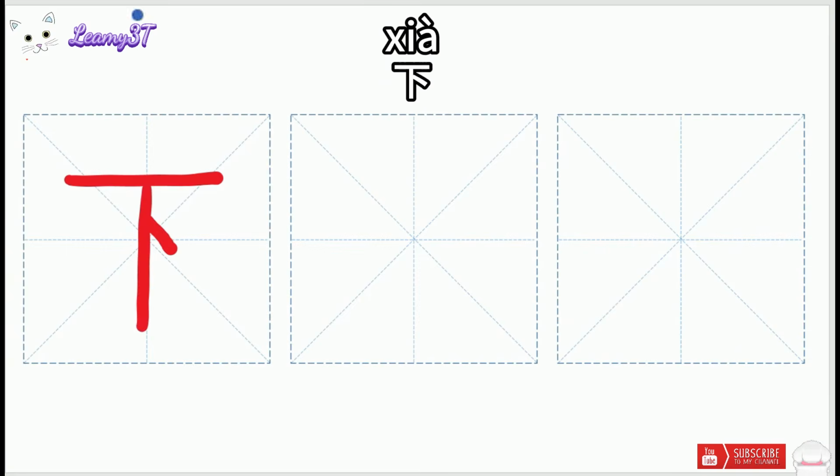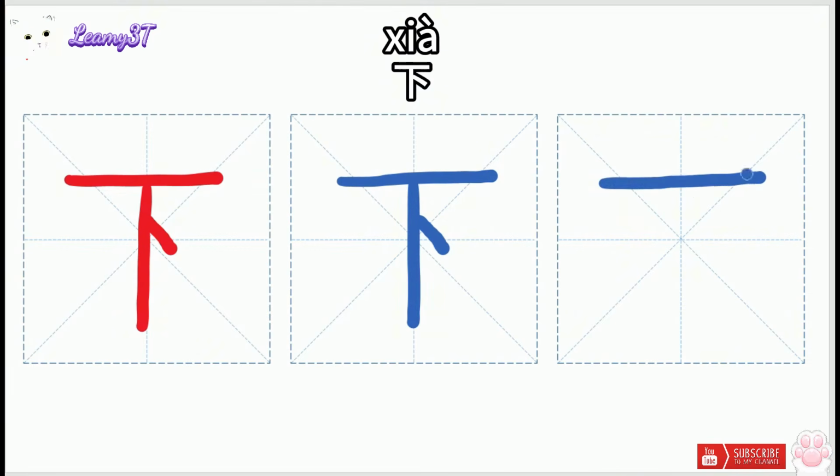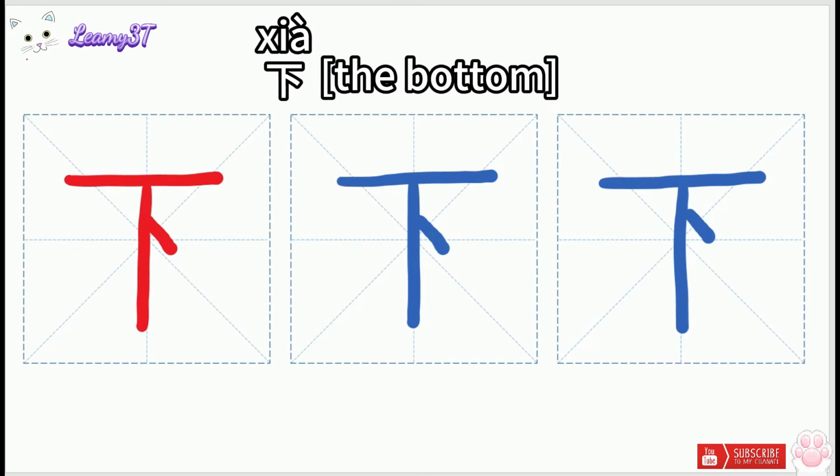Good, good. Héng, shù, diǎn. Good. And the last time. Héng, shù, diǎn. Very good. Okay, this character is xià. It can mean the bottom.